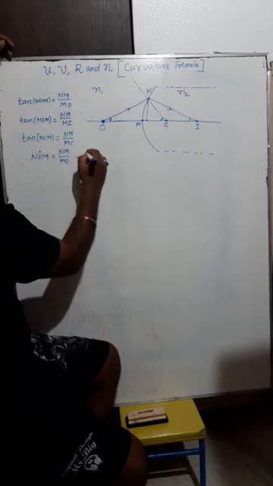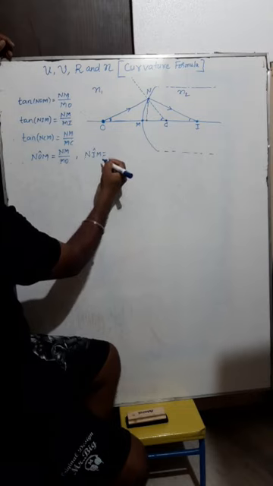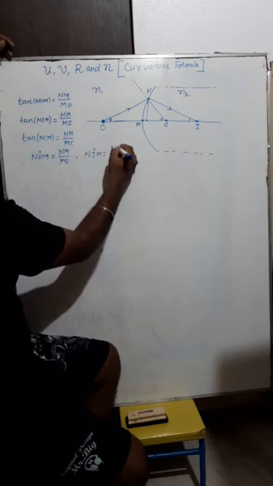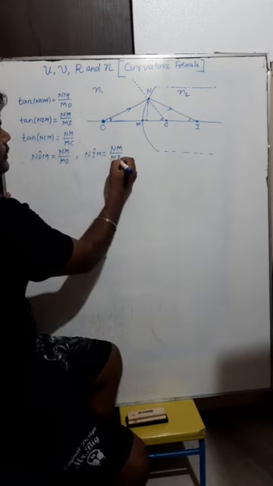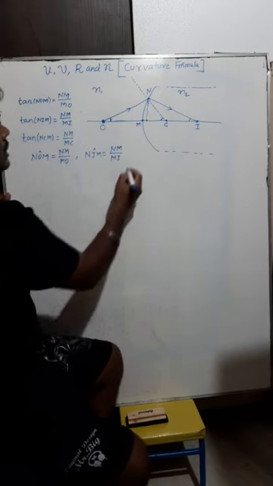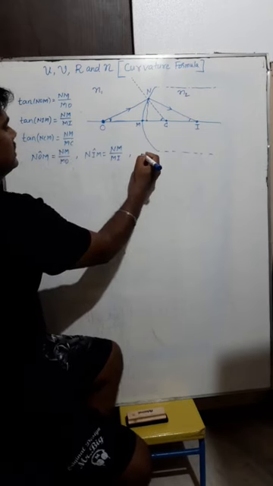Similarly, you will get one more, NIM. Angle NIM can be written as NM divided by MI. Right? And you write one more equation here, the last one.